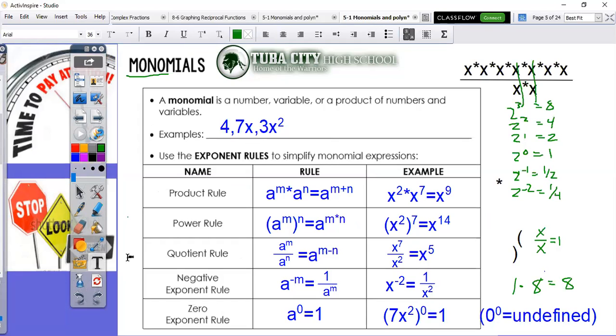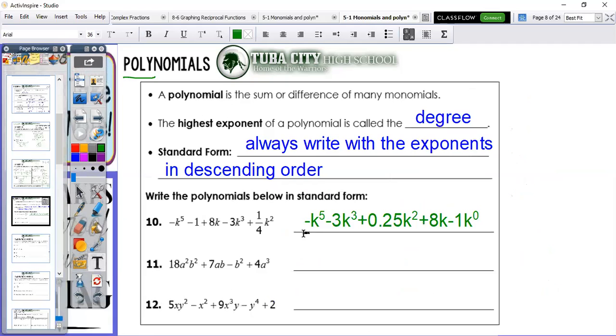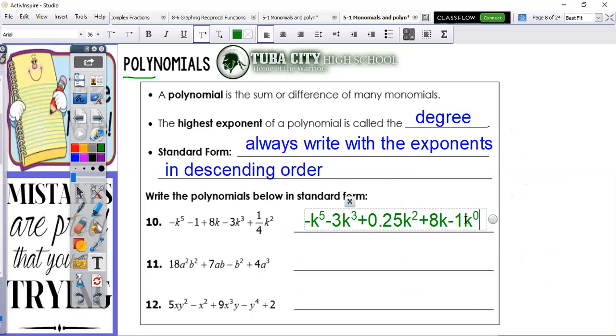Because if this were true all the way around, 0 to the 0 power would be 1, and that doesn't make sense, because how is 0 times 0 equal 1? So that's why we have to say that that one's not allowed. But anyway, anything to the 0 power is just going to be 1. So here I can replace this with times 1. K to the 0 power is just 1. Times 1, I should say.